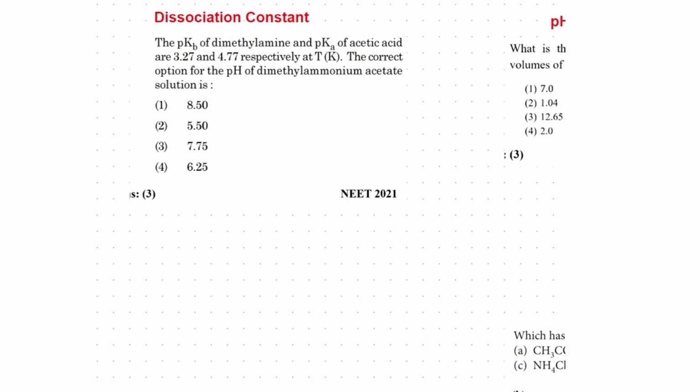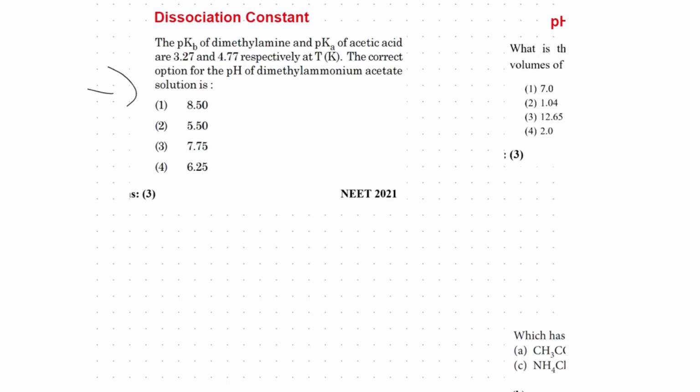The correct option for the pH of dimethyl ammonium acetate solution is, in this question, the pKb value of the base and pKa value of the acid are given. You are asked to calculate the pH of the salt. The salt dimethyl ammonium acetate is formed by combining the base dimethylamine and the acid acetic acid.